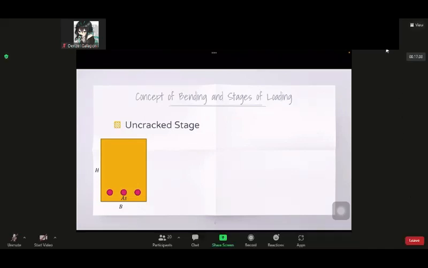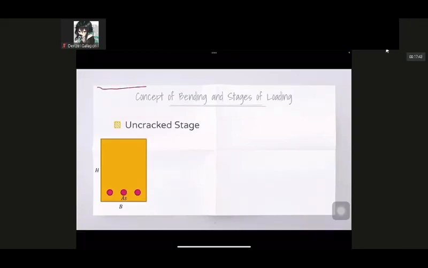So for example, we have a rectangular beam with a dimension of B times H, and steel, let's say the area of steel is A sub S. If the beam is loaded ng pababa, so if this is your beam and then it is loaded, this is the support.